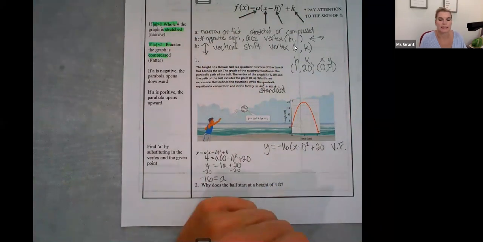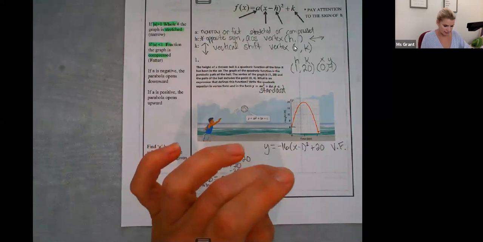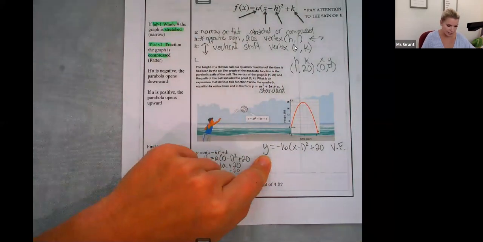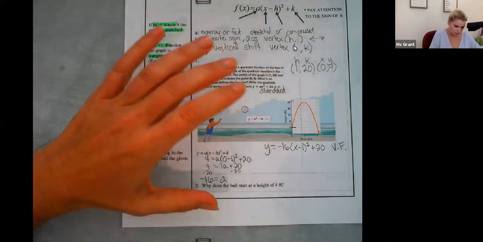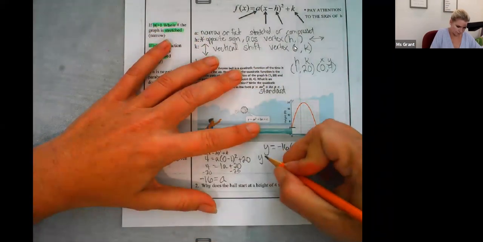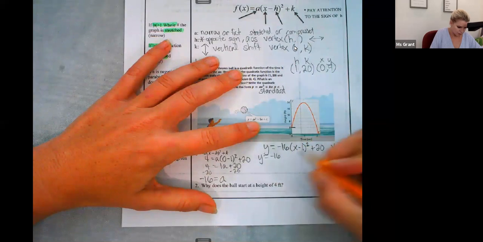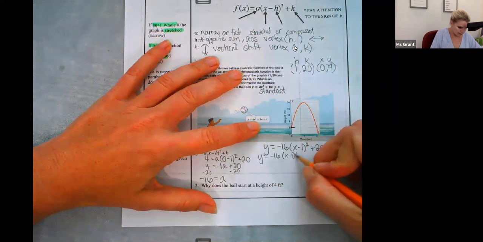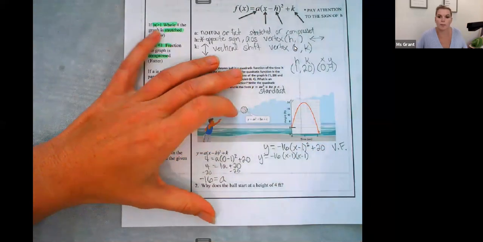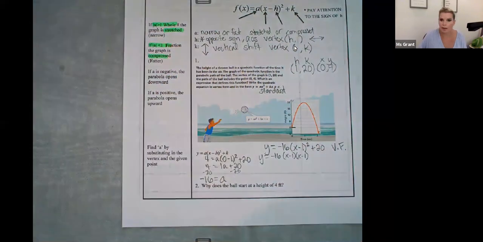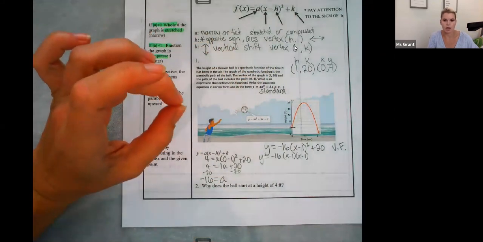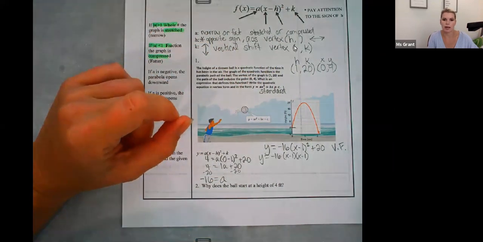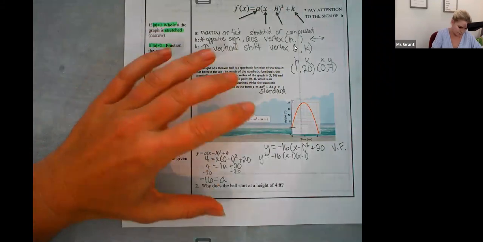Standard form. Standard form just means that I still want my y on the left, but I have to get rid of this squared, which means I have to FOIL it. So let me show you the work. I'm going to do (x − 1)(x − 1). I'm going to worry about that 20 way at the end. Let's do that multiplication: x² − 2x + 1.